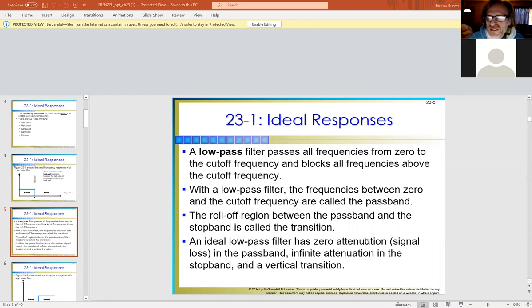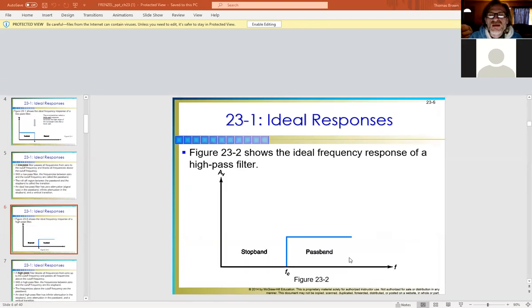So on paper, we would say it has zero attenuation in the stop band, meaning the signal is completely damped out and there's nothing to interfere with us. But in the real world, you're always going to have a little bit of trickle in there, but it's such a low magnitude that it's not going to interfere with us. And this would be a typical graph response.